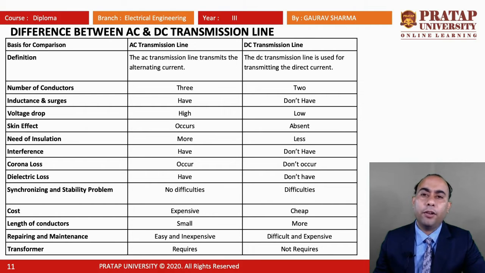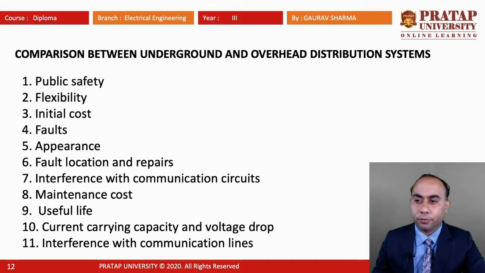And overall, when we talk about cost, the AC system is costly compared to DC, and the length of the conductor is small in AC system and more in DC. And finally, when we talk about transformers, AC requires the transformer, but DC doesn't require transformers.